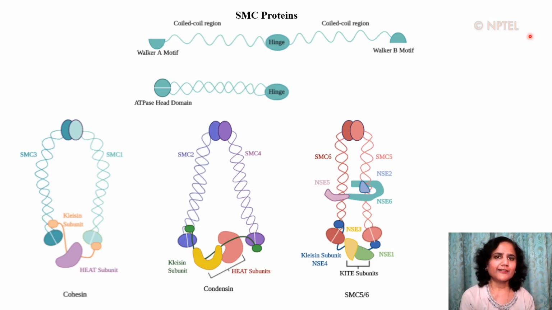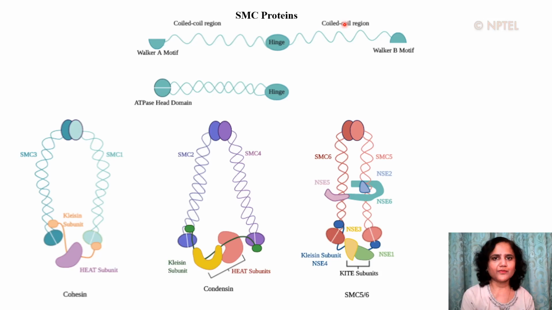Shown here are three of the conserved SMC complexes in eukaryotes: the Cohesin complex, the Condensin complex, and the as yet unnamed SMC5/6 complex. A cartoon of the SMC monomer is shown at the top that folds and associates with another SMC at the hinge in the complex.